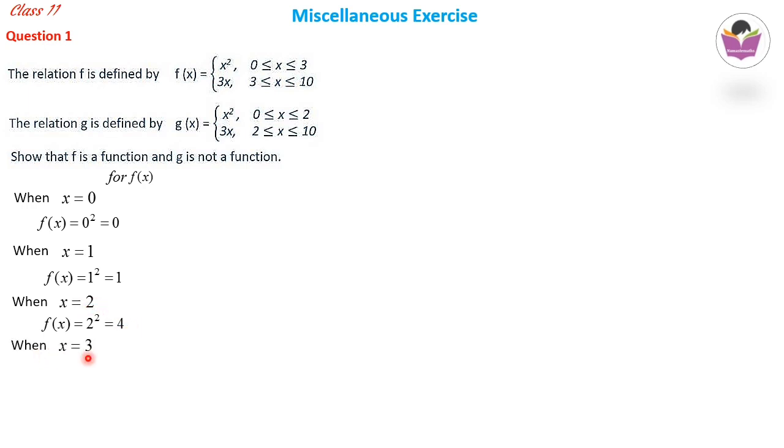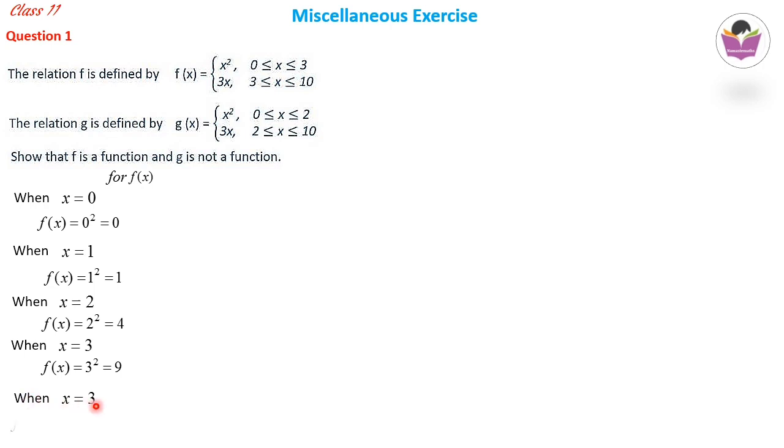Then when x is equal to 3, you can check here. 3 is included in both places, which means two functions have to be taken. For 3, first we take x square, that is f of x is equal to 3 square, and 3 square is equal to 9. So when I gave x is equal to 3, my image is 9. Again, 3 is included here also, so I can take the value of the function as 3x as well.